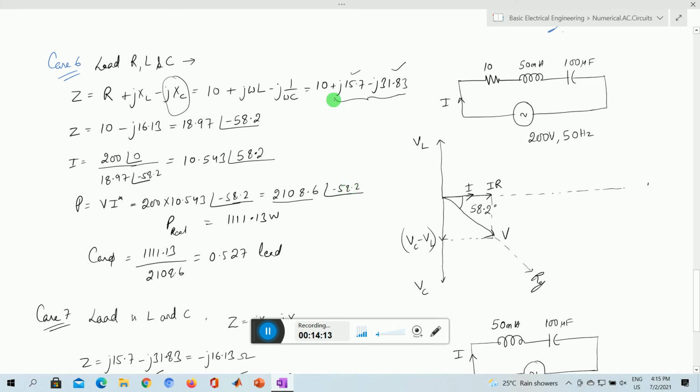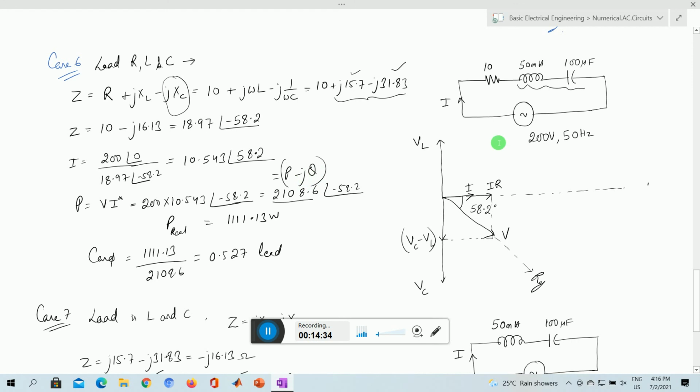Since in RLC it is more capacitive comparing the inductor and capacitance, that is why we are getting a more capacitive part, and we are getting a minus j. So this can be written in real and imaginary parts, we get some P minus jQ.